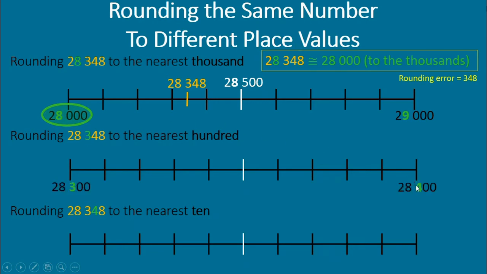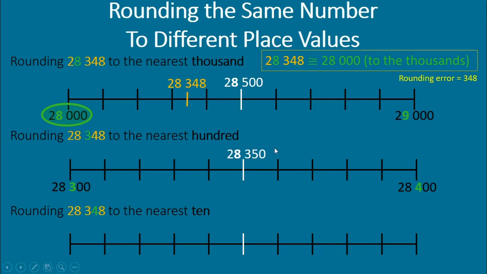The upper boundary, we made that digit 1 higher, so 28,400. And then we mark the middle of our number line. Halfway between 28,300 and 28,400 is 28,300 with a 5 next to it, 28,350.